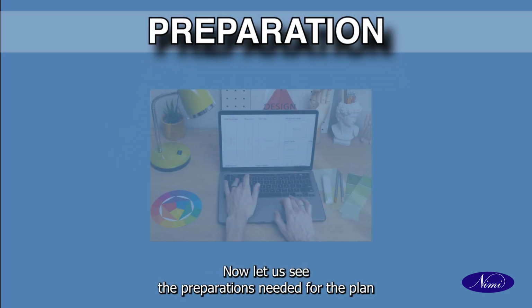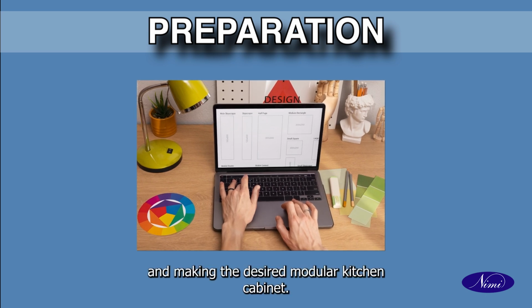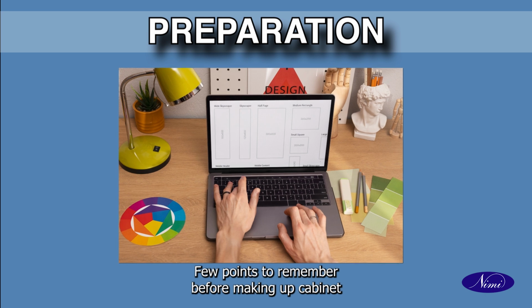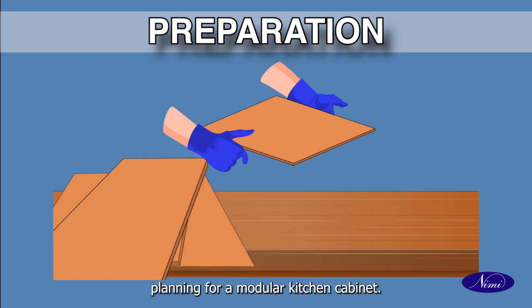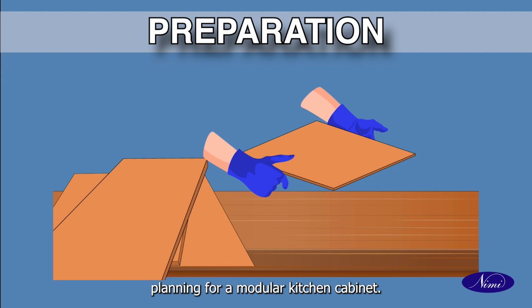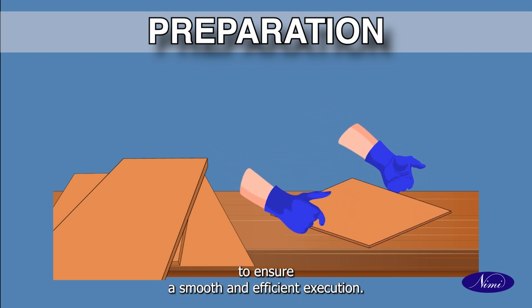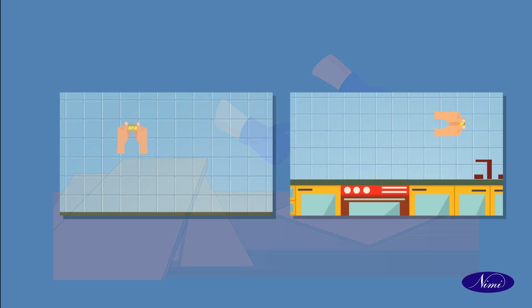Now, let us see the preparations needed for the plan and making the desired modular kitchen cabinet. Few points to remember before making a cabinet. Planning for a modular kitchen cabinet entails several crucial preparations to ensure a smooth and efficient execution.